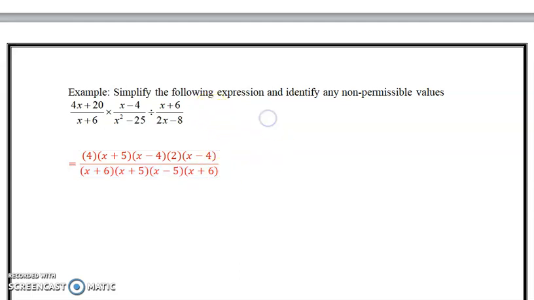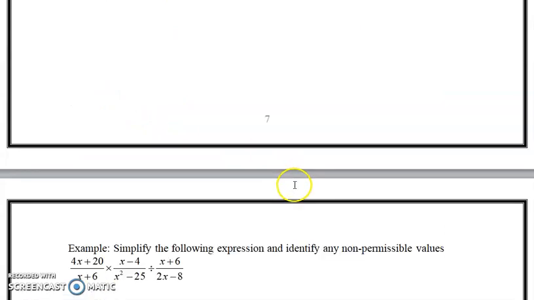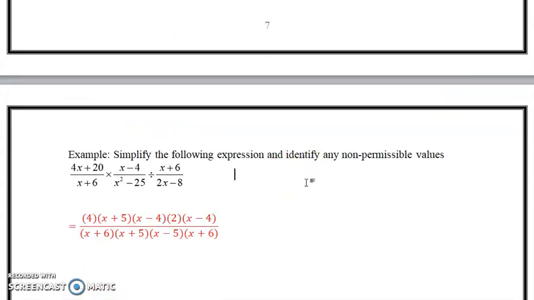So let's write in the values of x that will give us the non-permissible values. You can put it up here this time because we have lots of room. So remember, it's going to be all of this denominator in the first expression, the second denominator, and then both the numerator and denominator because you're dividing.